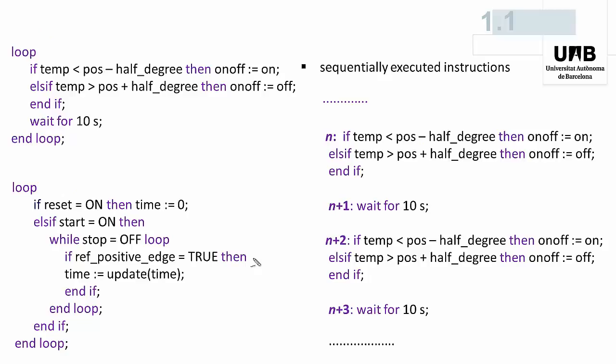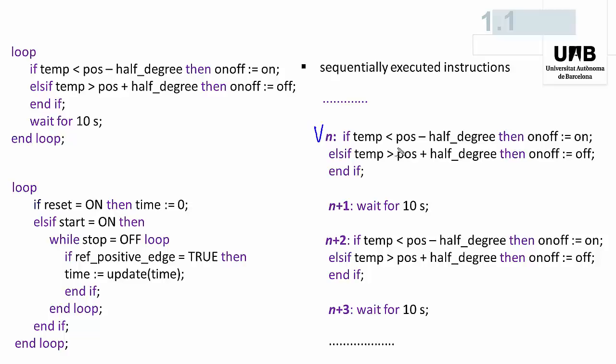A first common characteristic is that both algorithms are made up of instructions that are sequentially executed. For example, in the case of the temperature controller, the instruction executed at time n could be this one.